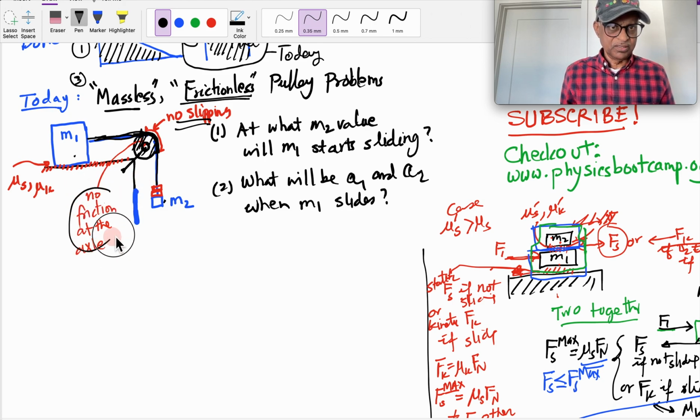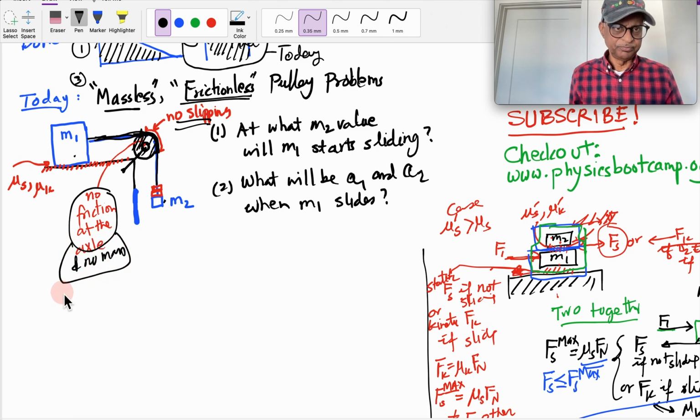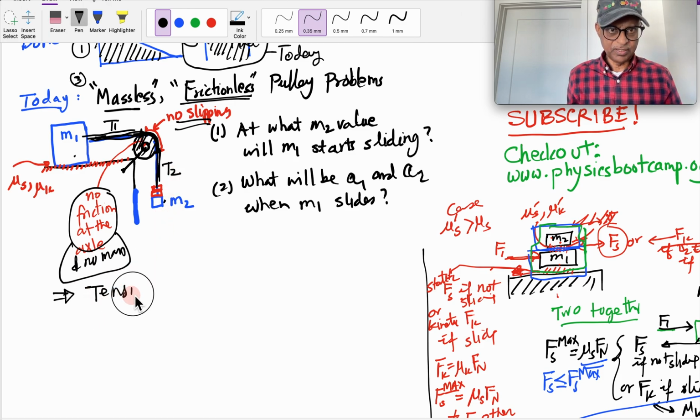So no friction, no mass. What does this mean? This means whatever the tension is on this side is the same as on the other side. Tension on one side equals tension on the other side.